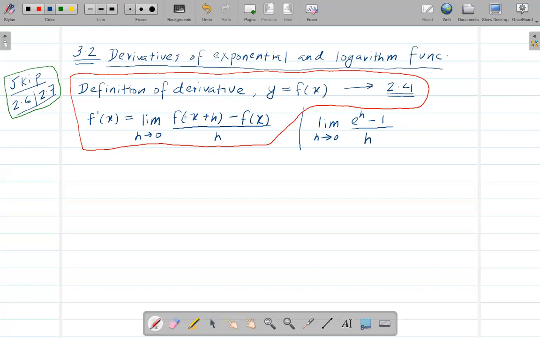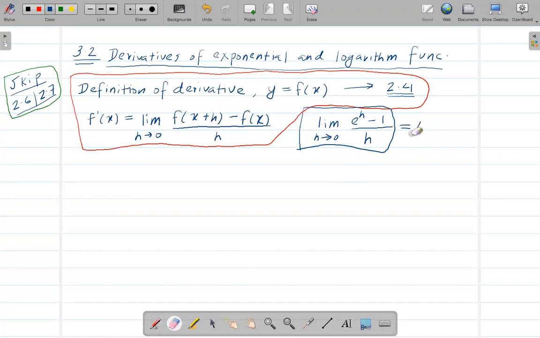The next thing I'm showing here is this: if you take the limit as h goes to 0 of e to the power h minus 1 over h, the limit of this function is always 1.